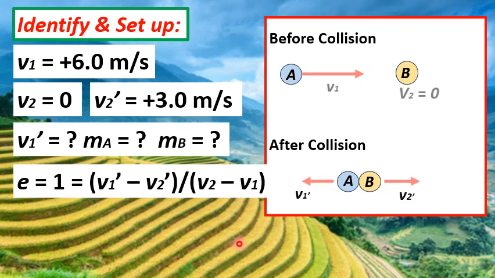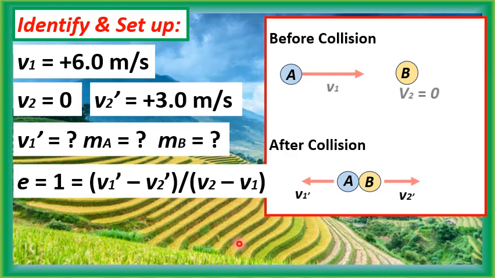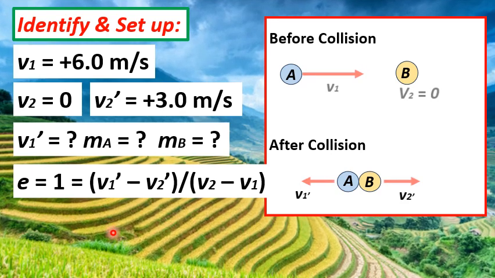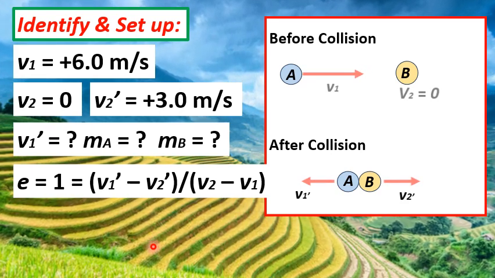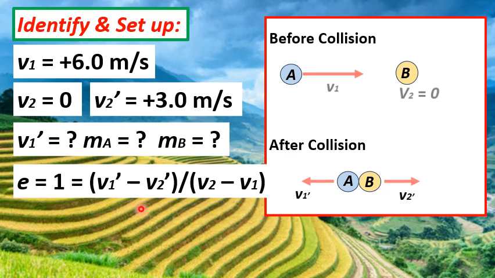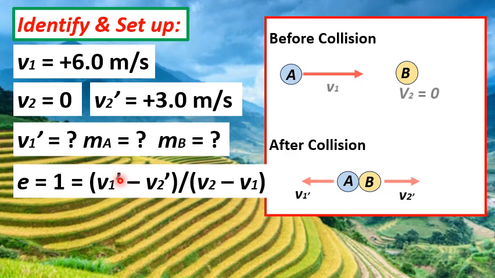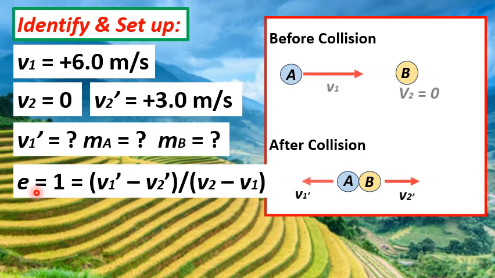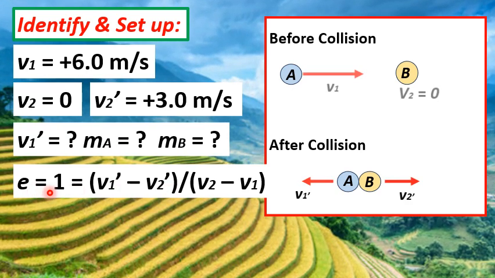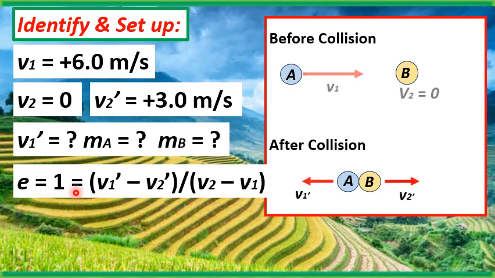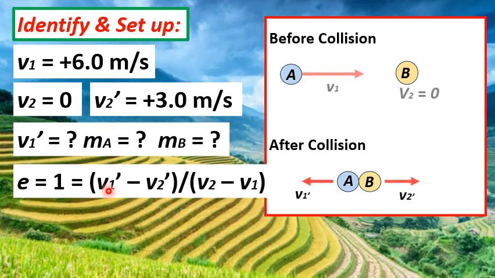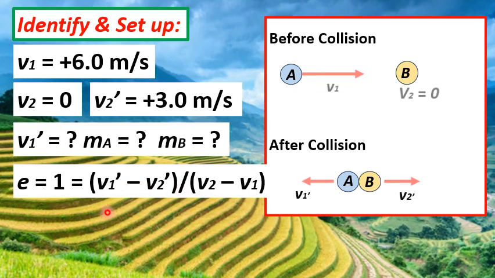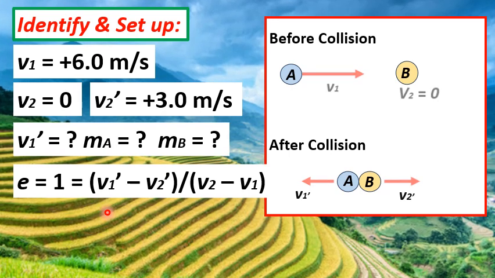Since this is a perfectly elastic collision, we can apply the equation for the coefficient of restitution, denoted here by small letter e. And in a perfectly elastic collision, the value of the coefficient of restitution, small letter e, is equal to 1. So this equation was derived from the principle of the conservation of kinetic energy.